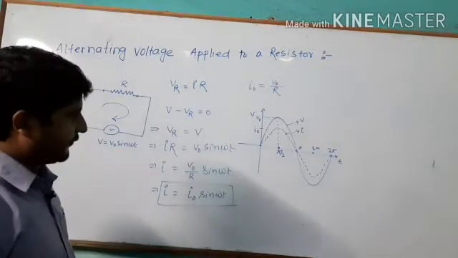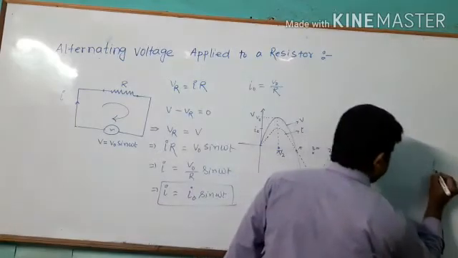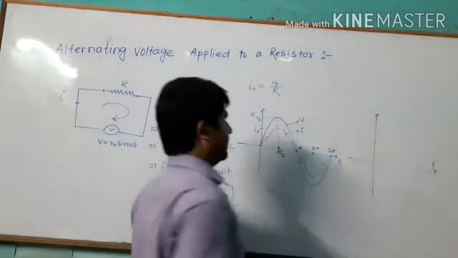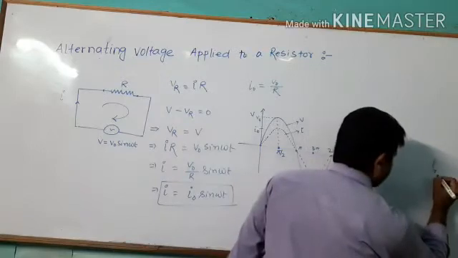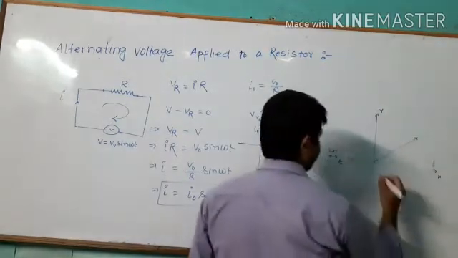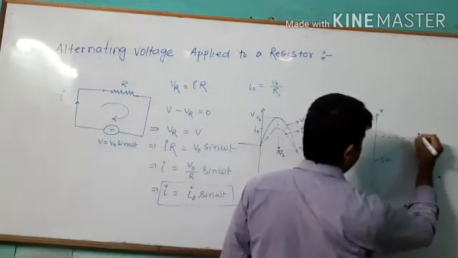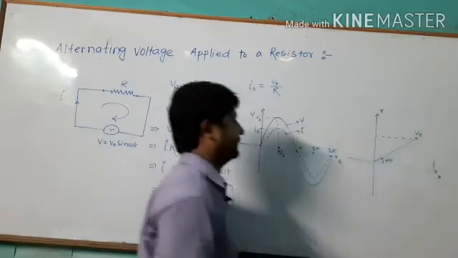Now what is the phasor diagram? So this is X and Y, and say the voltage is in phase of omega t. So this gives the maximum voltage, say V0.